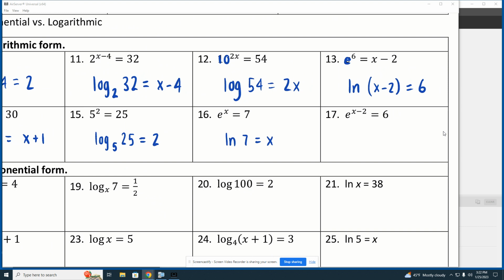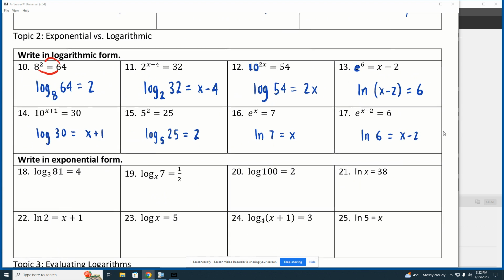And then lastly, another e, so natural log of 6 equals x minus 2. So whether you're going from logarithmic to exponential, or as we're about to do exponential to logarithmic, there's multiple ways you might see these things. Be prepared for any of these on the test.